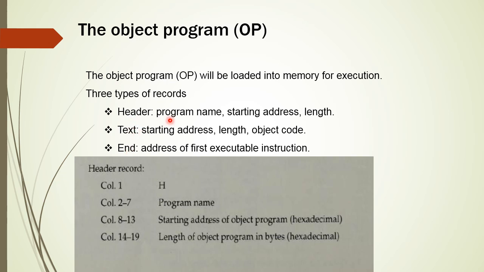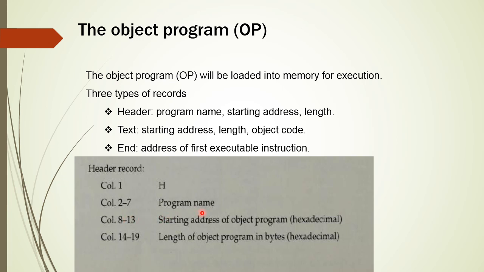The header record is going to have three fields in it: the program name of the given program, the starting address of the program, and the length of the program. This is the structure of the header record. Column number 1 starts with H, indicating that this is the header record. Columns 2 to 7, a total of 6 columns, are reserved for the program name.